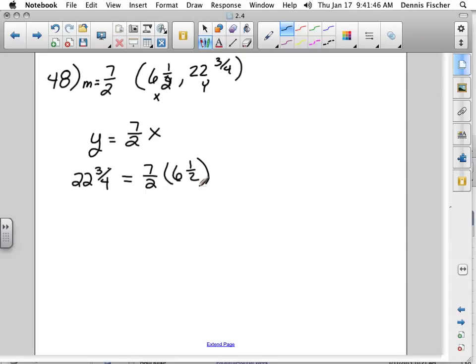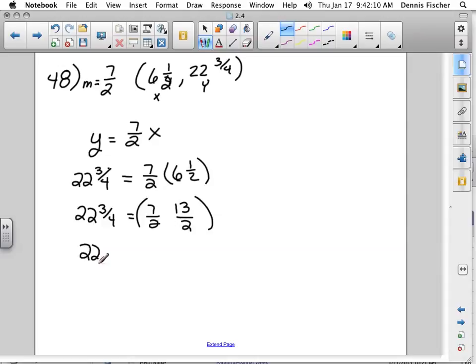Now, the one thing I want to show here is if you're working with fractions, to multiply these two fractions together, I need to change 6 1/2 to an improper fraction, which would be 13/2. So you take 2 times 6 is 12 plus 1 is 13, over 2. Multiply those together.